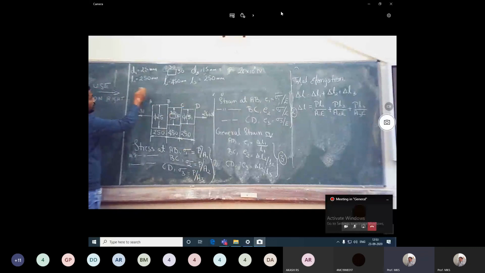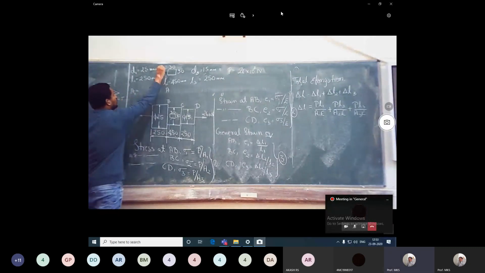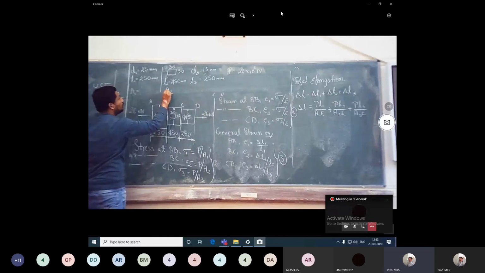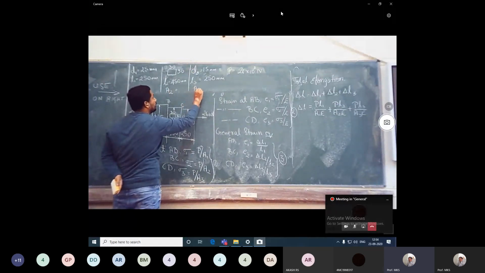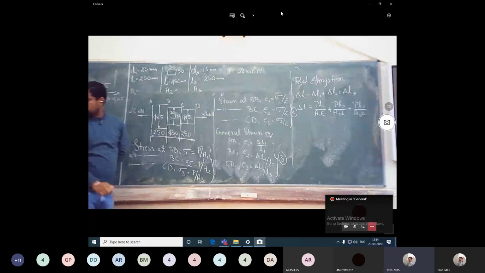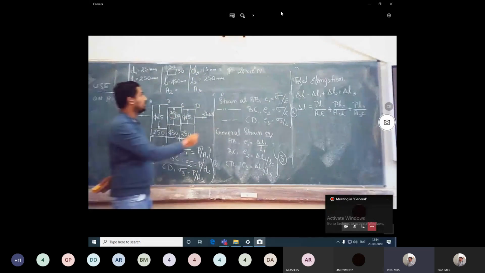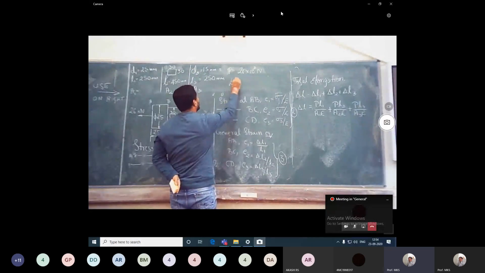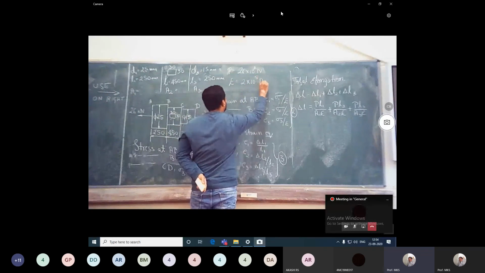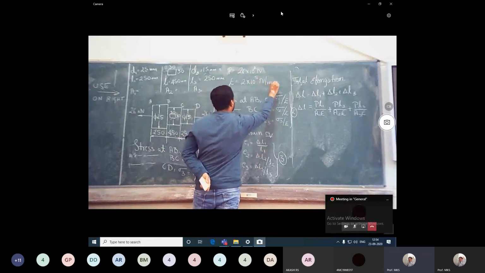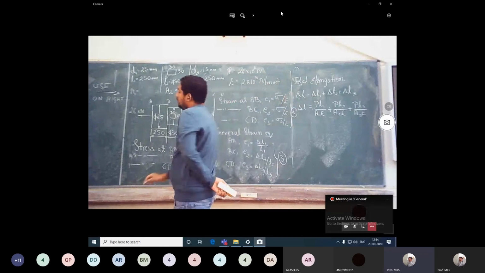Now, before going to the problem, first find out the individual areas A1, A2, and A3. The modulus is also given in the problem, 2 into 10 to the power of 5 Newton per mm square.